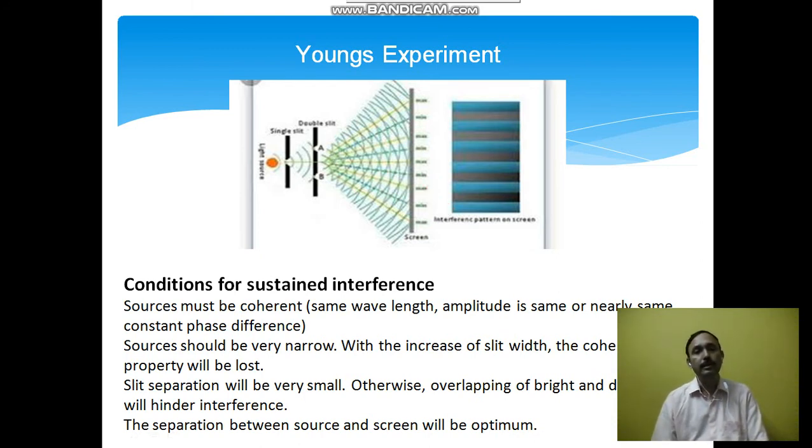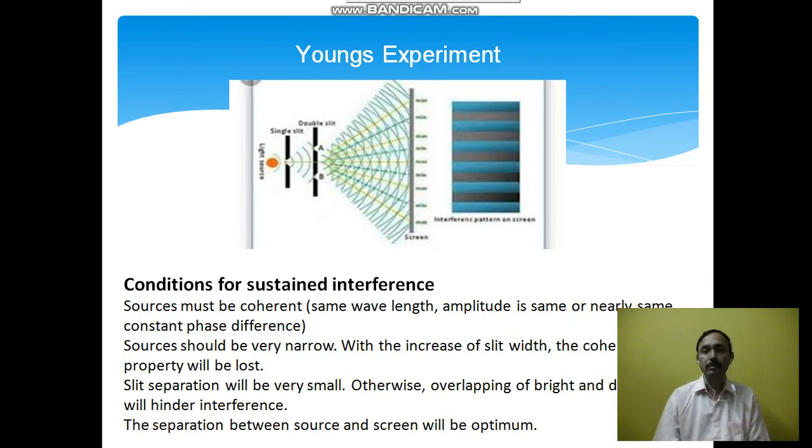Now the conditions for sustained interference. First point, sources must be coherent. Coherent means same wavelength, amplitude is same or nearly same, and they must maintain a constant phase relationship. Number 2, sources should be very narrow.